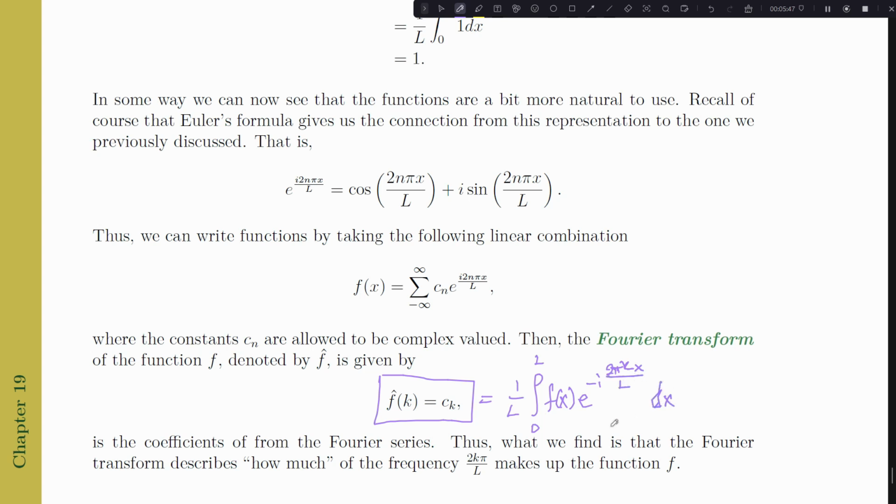We call this a function of k, right? Because there's a k right there, a k right there, and actually there's a k right here. So as a function of k, we call that the Fourier transform. So the transform is thinking about what these coefficients are, but now interpreted as themselves a function of k. That's what the Fourier transform is.